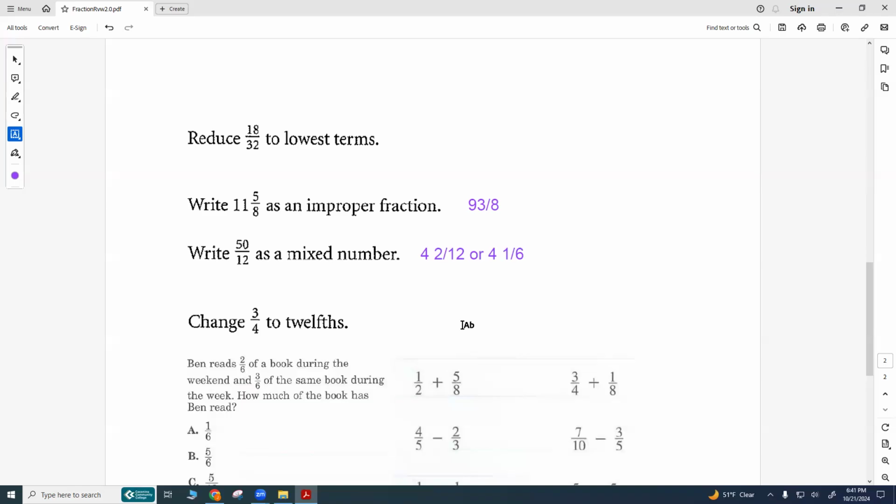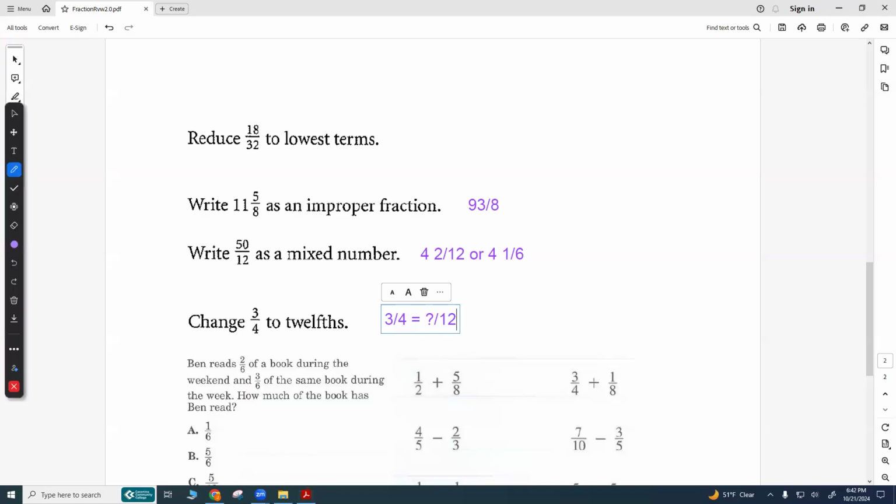Okay. How would we change 3/4 into 12ths? So this is kind of like our proportions. So we could say 3 is to 4 as what is to 12, okay? And of course, it's kind of hard to see if I type it like that, but yeah.